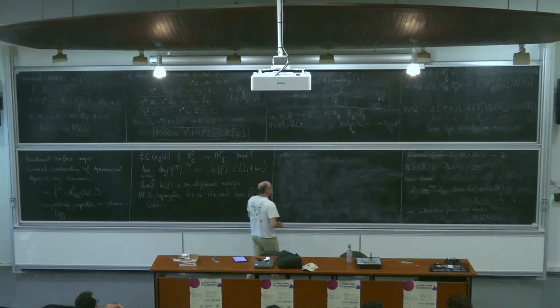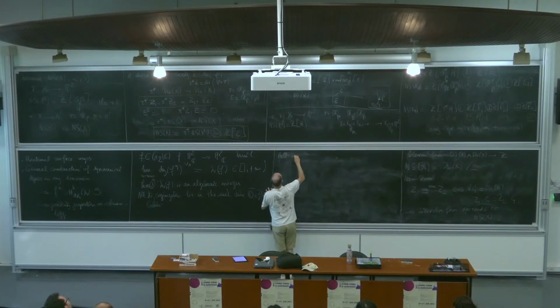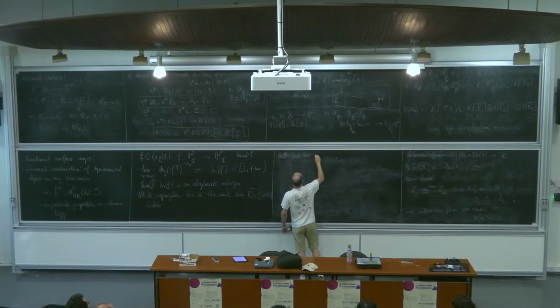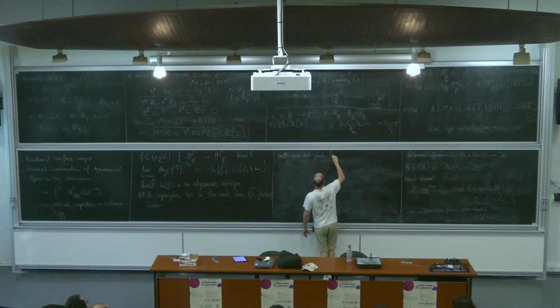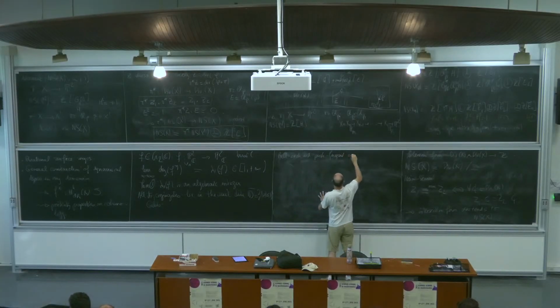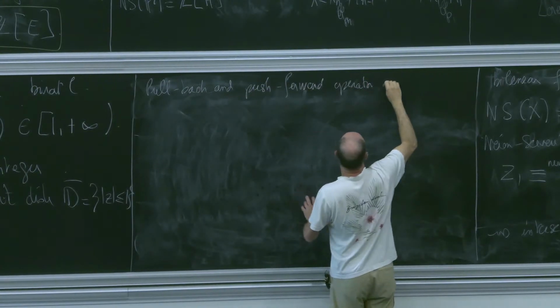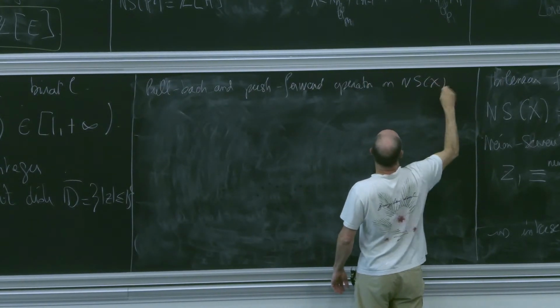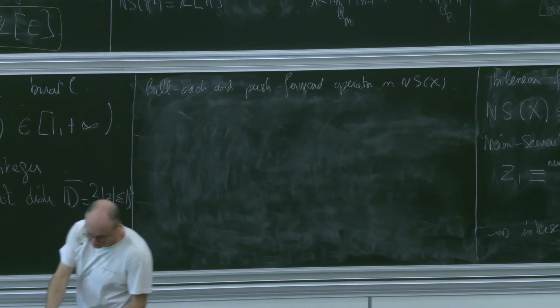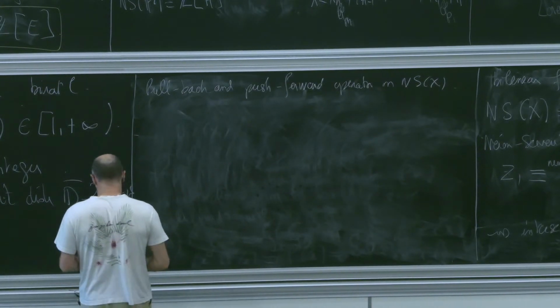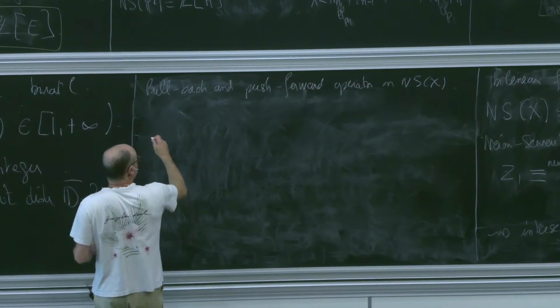Okay, so I need to explain what a pullback and push-forward operator on NS of X is.